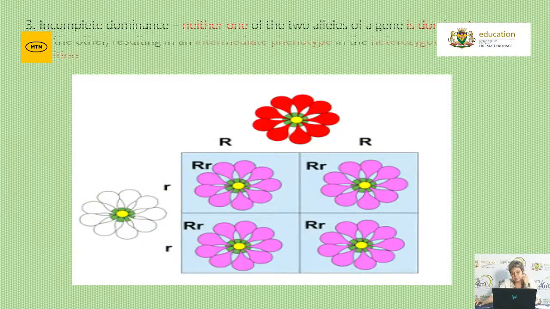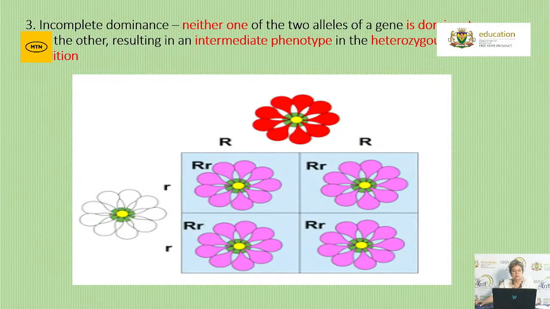But if we look at incomplete dominance, neither one of the two alleles of a gene is dominant. Not one of the two alleles is dominant over the other one. And then, very important, we have an intermediate phenotype in the heterozygous condition. So make sure that you know exactly how the definition is stated and that you can explain it in an example.